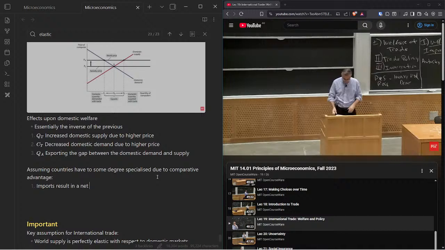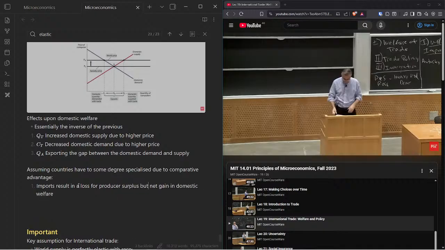result in a net gain in domestic welfare, and a result in a loss for producer surplus, but net gain in domestic welfare.